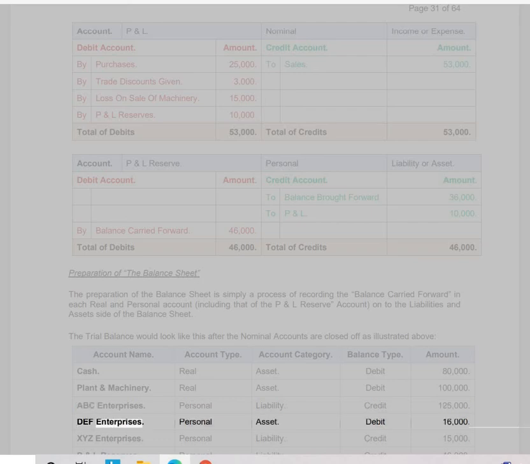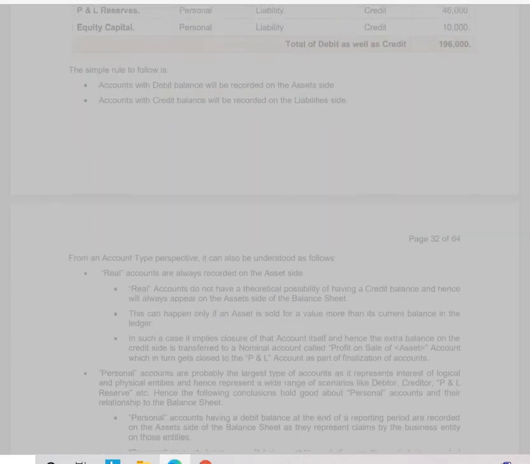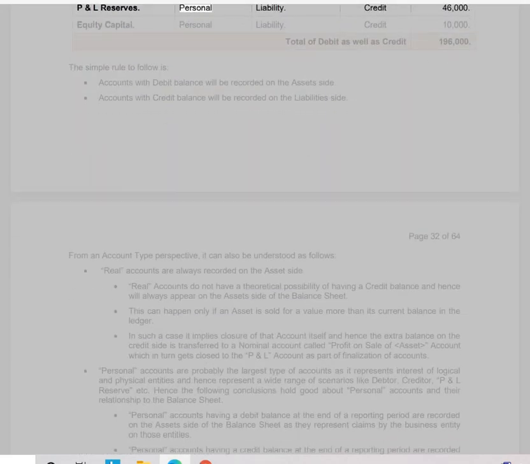Def Enterprises, personal asset, debit 16,000. XYZ Enterprises, personal liability, credit 15,000. P&L reserves, personal liability, credit 46,000. Equity capital, personal liability, credit 10,000. Total of debit as well as credit 196,000.